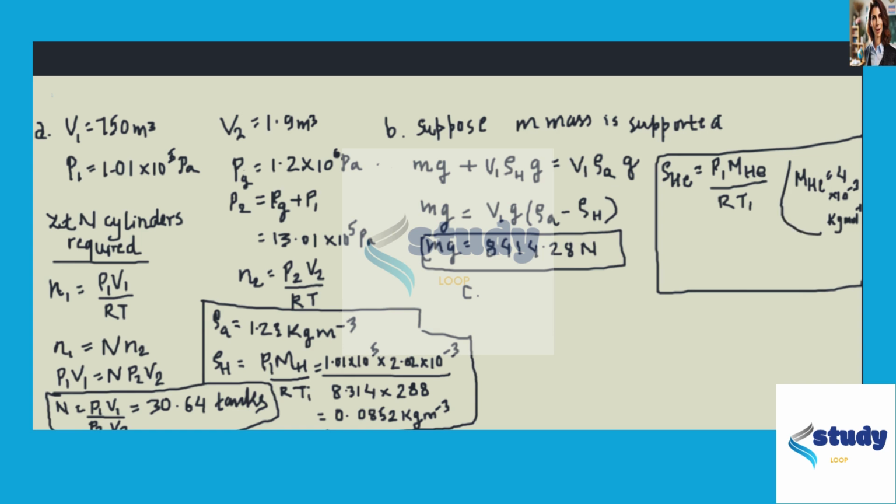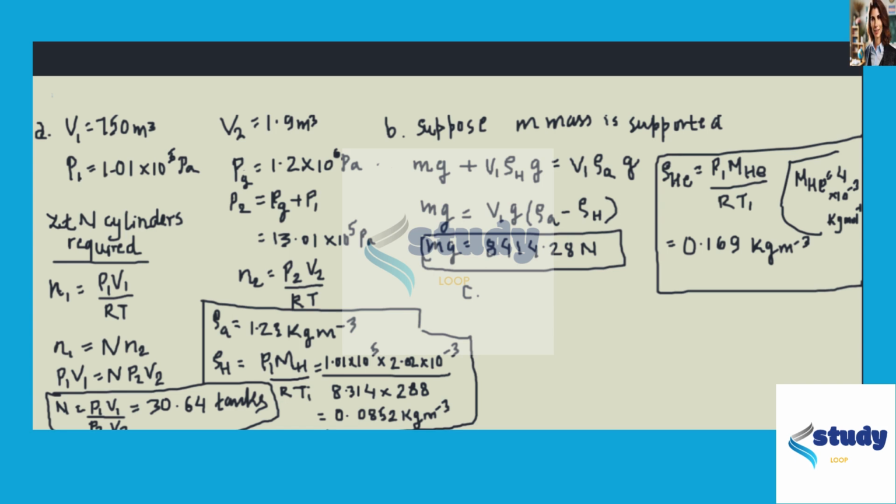If you substitute this to find the density of helium, rho He, you get 0.169 kg per meter cube. Another thing you can do very easily is that the molecular weight of helium is almost double that of hydrogen.